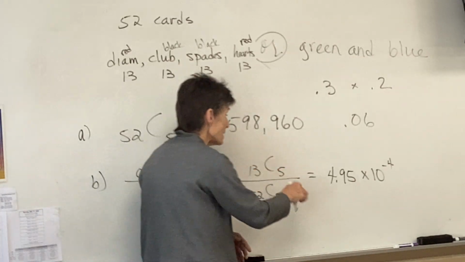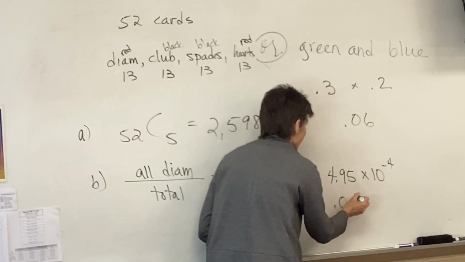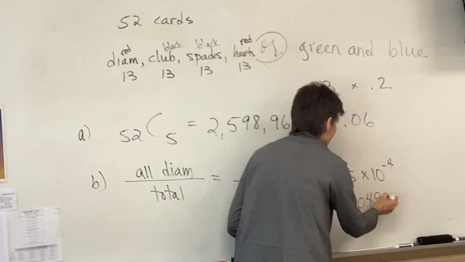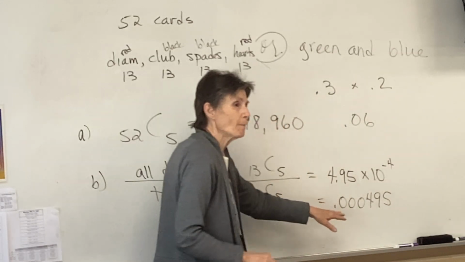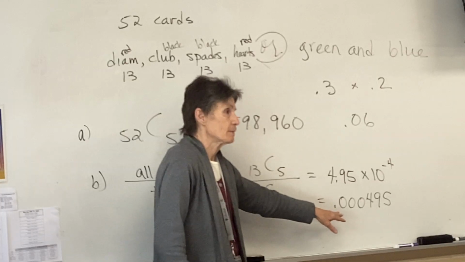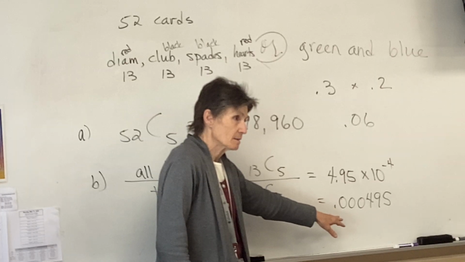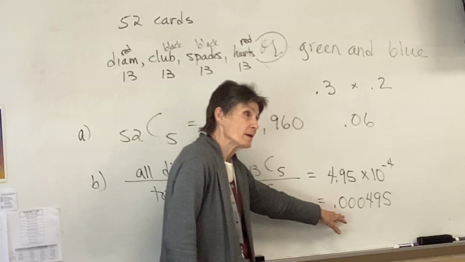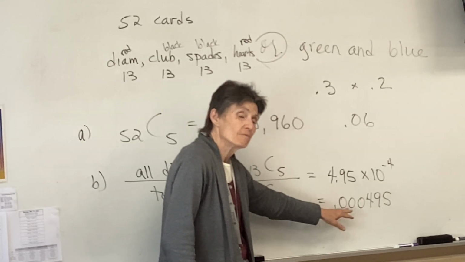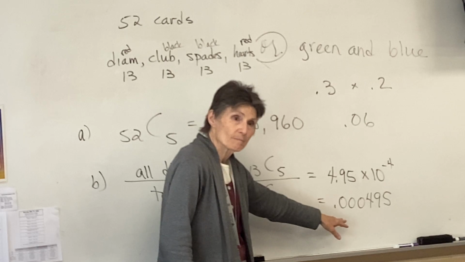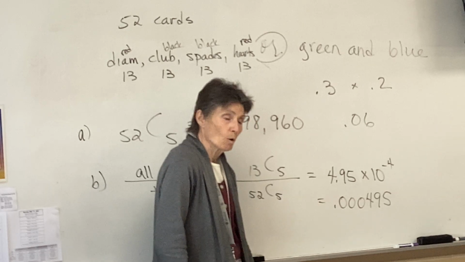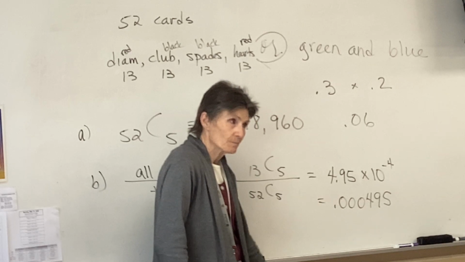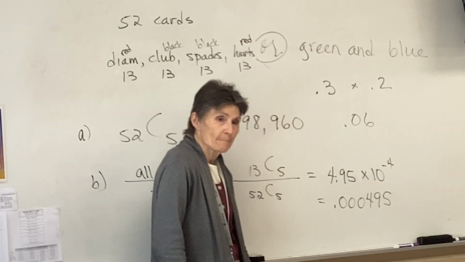So that number is 0.000495. So your probability of being dealt all diamonds is about 0.04%. Very, very, very small number. Don't bet your allowance on it. Very small number. Okay.